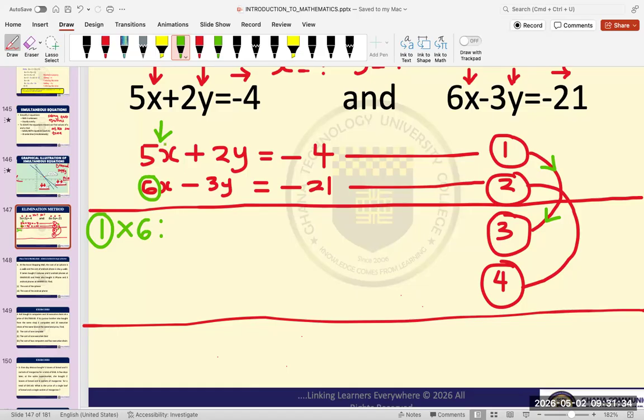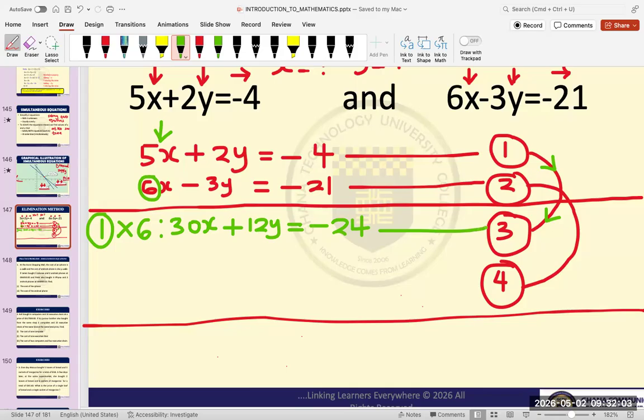So this is the result you get. 6 times 5x will give you 30x plus 6 times 2y, you will have 12y equals 6 times negative 4. That will give you negative 24. And this becomes your equation 3.